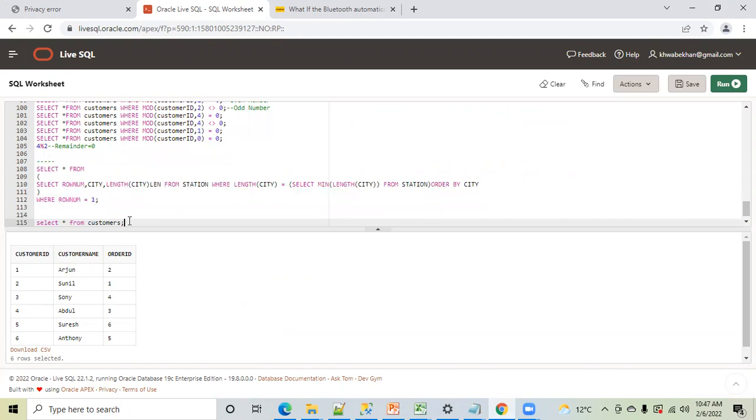Okay, this is the customer data. Now, please try to understand this row num concept.